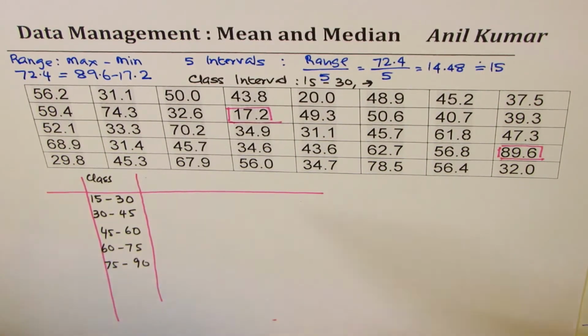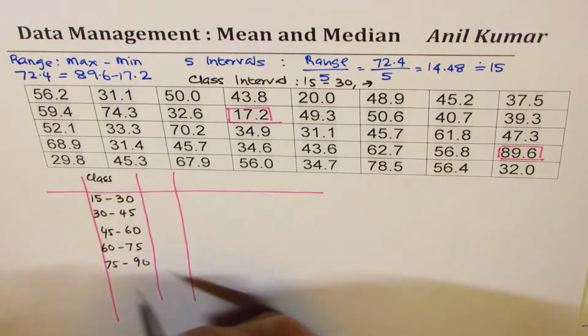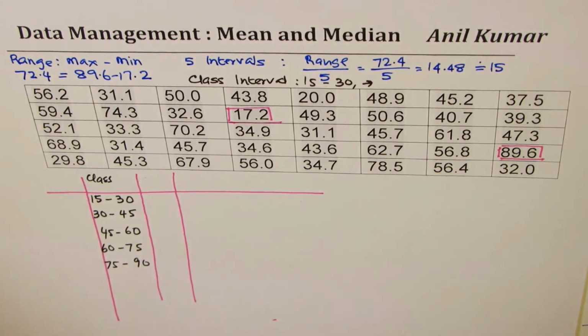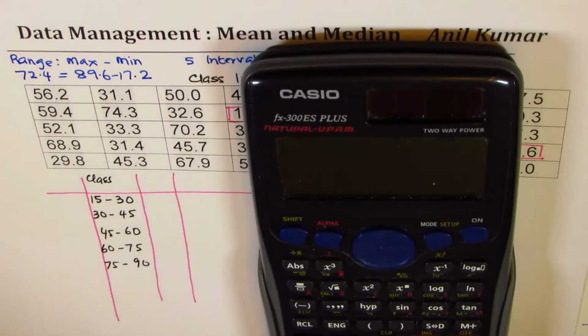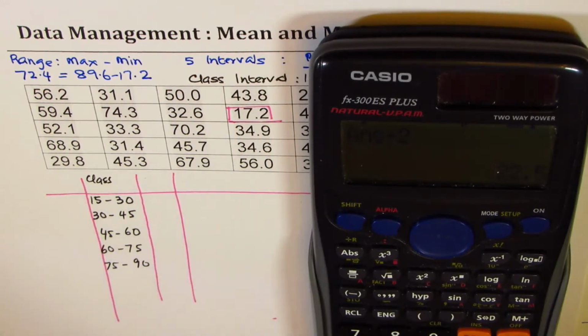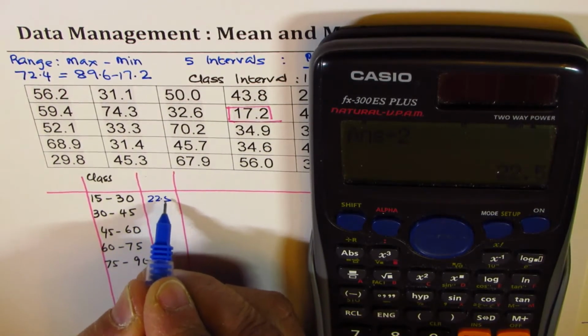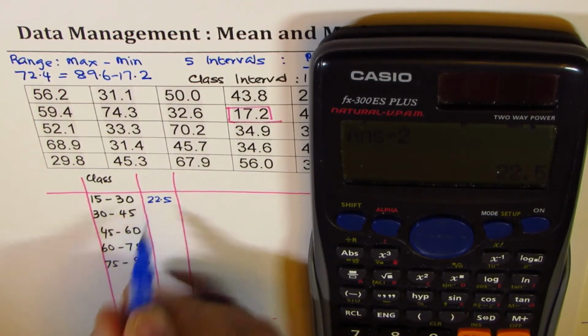Now from here, we can actually also find the mid value since we want to calculate the mean. So mid value is average of these two. So basically what you do is you add 30 and 15 and then divide it by 2 to get the mid value, which we are going to get in decimals. So we have 22.5 and the other values will be 15 more, right?